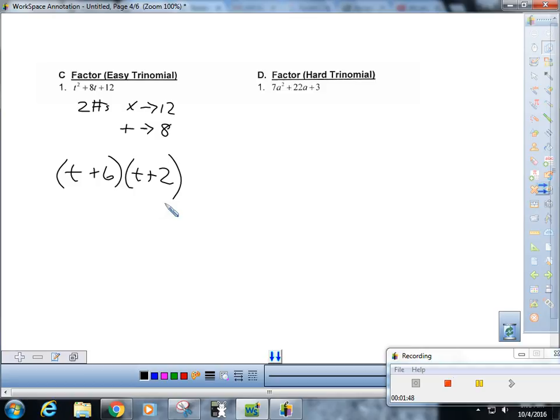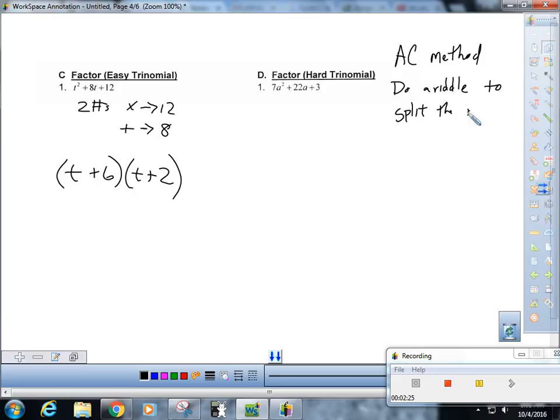When a is not equal to 1 and we have a trinomial, which means we have 3 terms, we've got to do this AC method, is what it's called. Or, as I call it, do a riddle to split the middle.